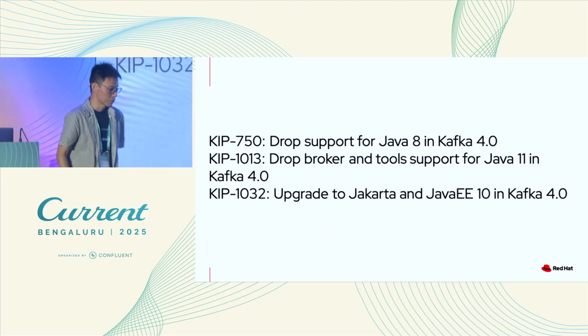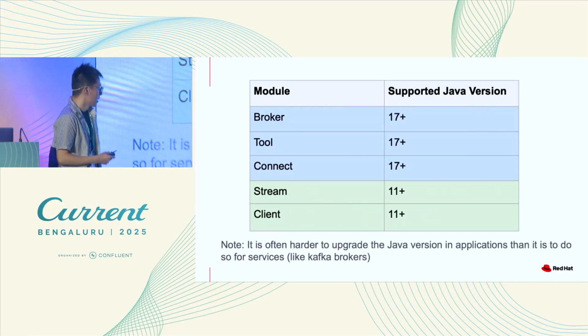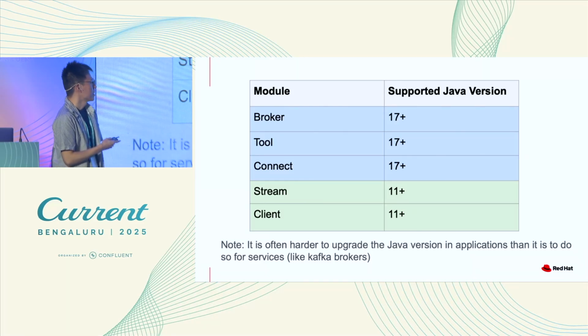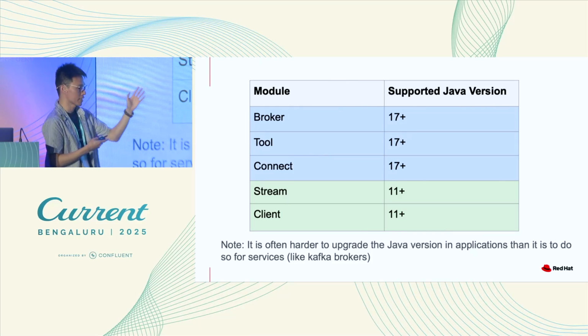And the next important change for Kafka users is the Java version supported. This is how the minimum supported version will change since 4.0. So you will see broker, tools, and connect are already upgraded to 17.